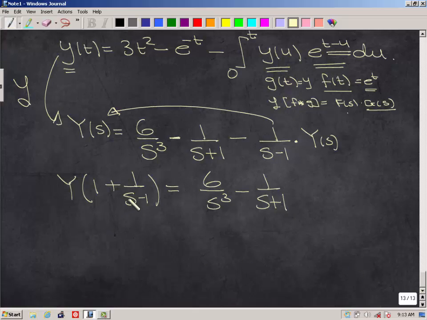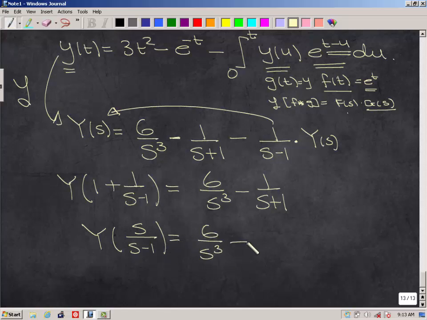Okay, you can simplify this by finding the common denominator and doing all of that. So we get s over s minus 1 is equal to 6s cubed minus 1 over s plus 1.